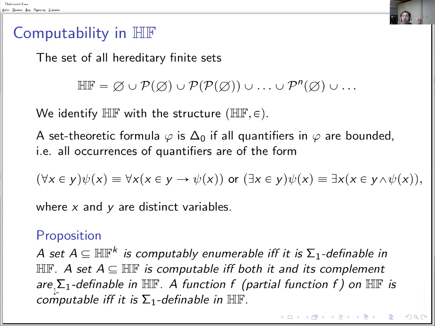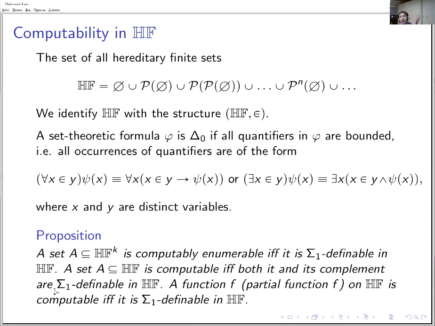In a sense it's even more natural a setting for computations than natural numbers, because unlike natural numbers, where you actually need to do some work to code sequences, here it's more or less straightforward. It's possible to encode ordered pairs in the standard set theoretic manner by Kuratowski pairing, which is a very straightforward encoding.